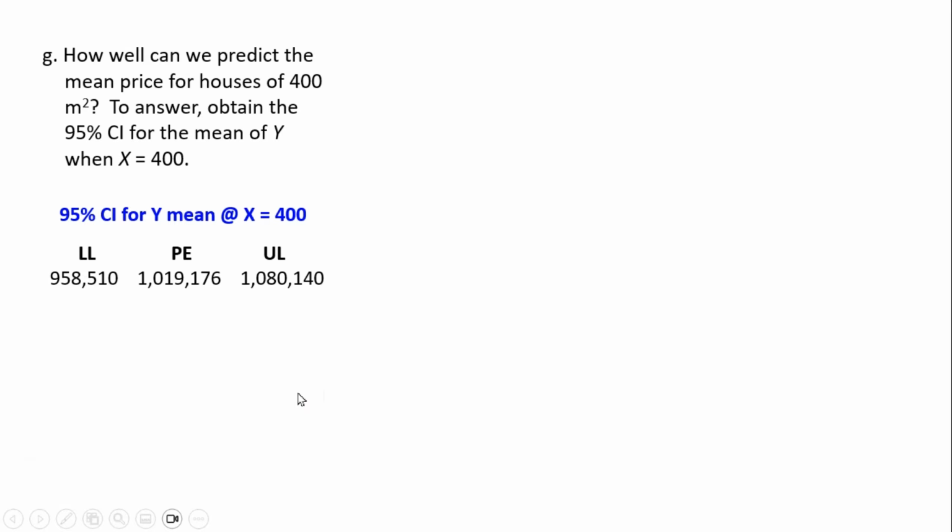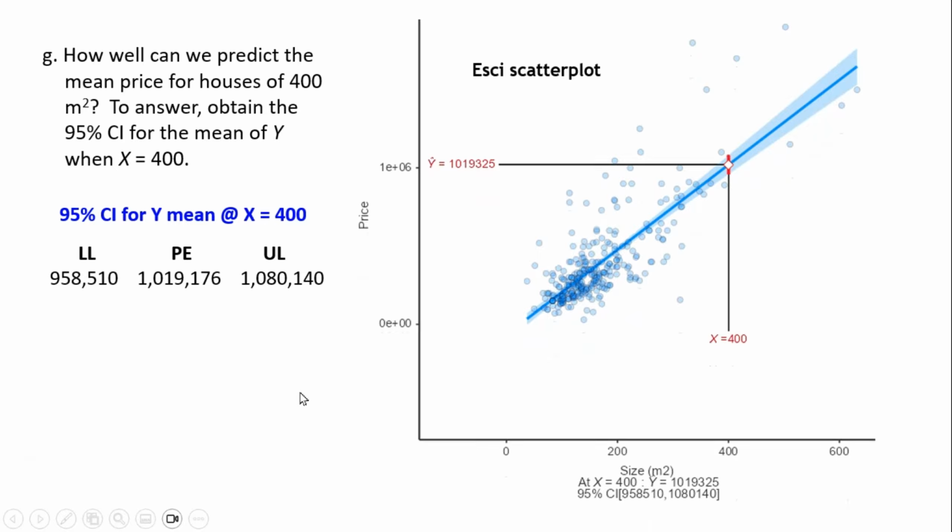Let's take a look at a picture of that now. Here's the exact same scatter plot again, with two added pieces. Number one, this small red band around the point estimate for our prediction. That is the confidence interval that you see over here on the left.